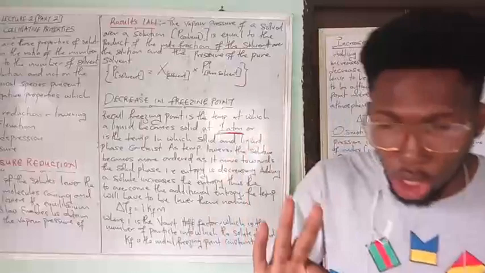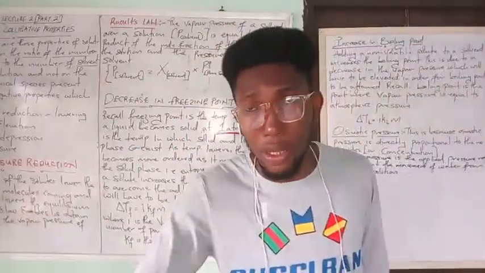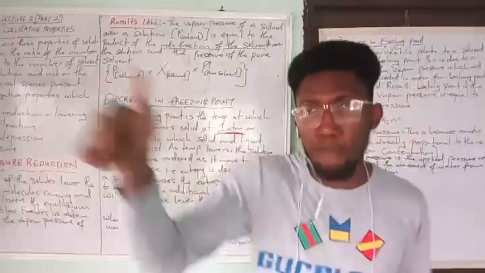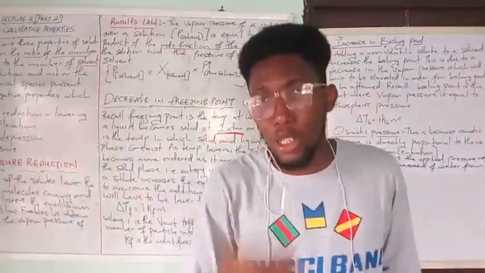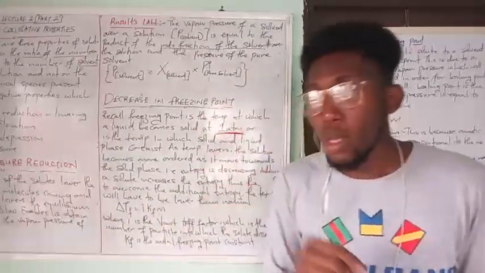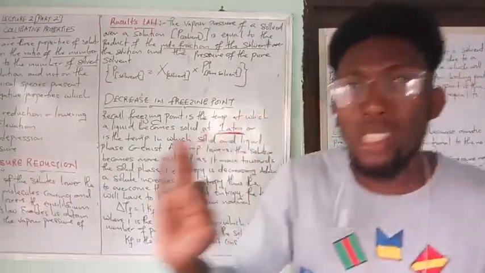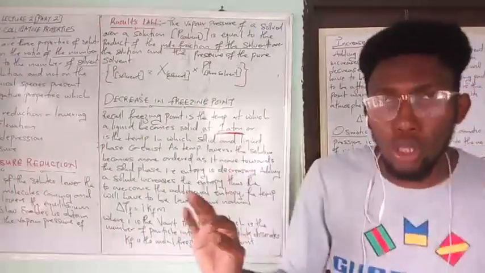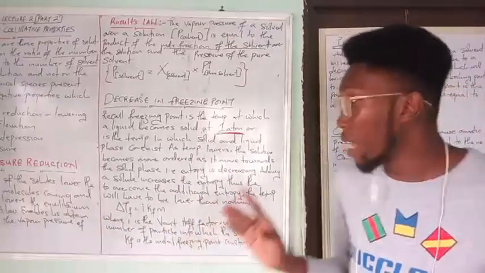Freezing just means transition from liquid phase to solid phase. But when you say freezing point, it is that point where the solid phase and the liquid phase coexist, or are at equilibrium, given that the atmospheric pressure is 1 atm. That's what we're trying to say.